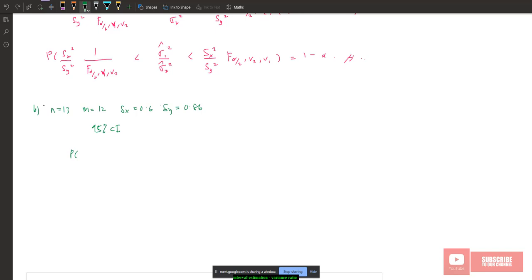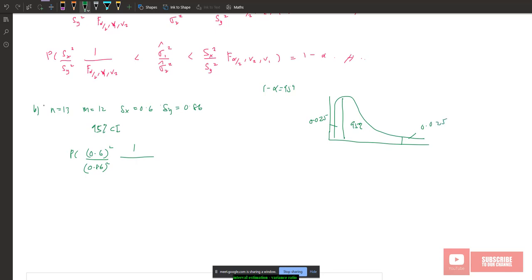So P sx 0.6 squared over 0.86 squared. This is 1 over f alpha divided by 2. So our alpha here, 1 minus alpha is 95%, right? This is 95%. This is going to be 0.025 and this is also 0.025.